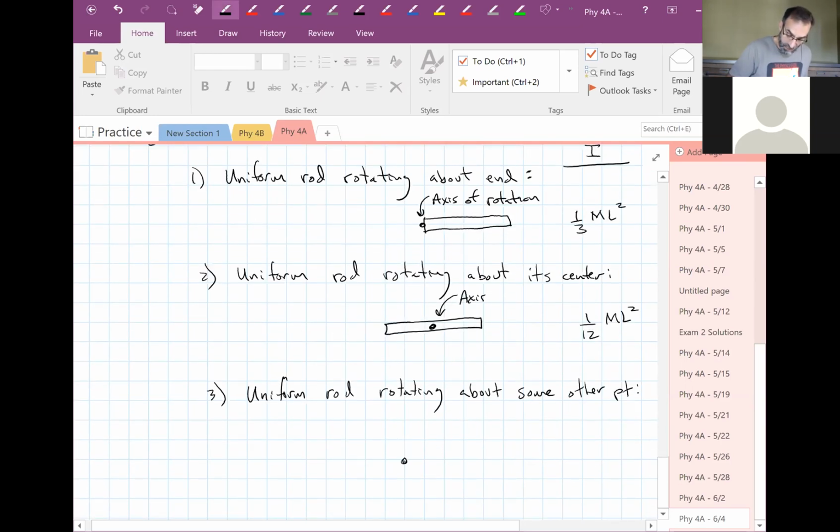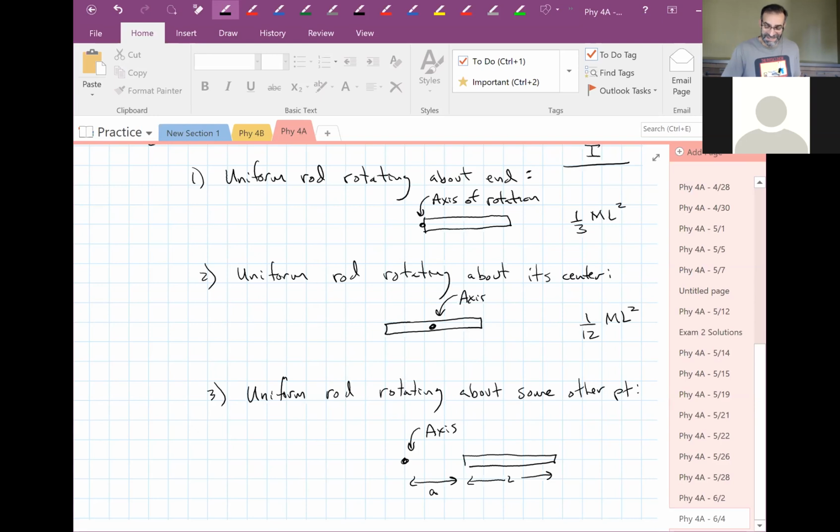Here's our axis of rotation, and here's our rod. Was that on our formula sheet?